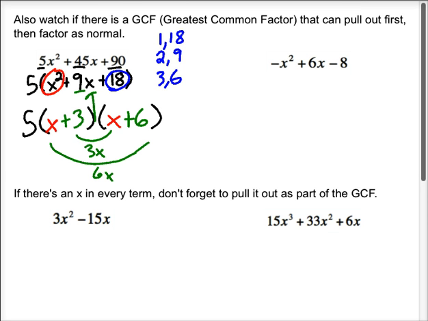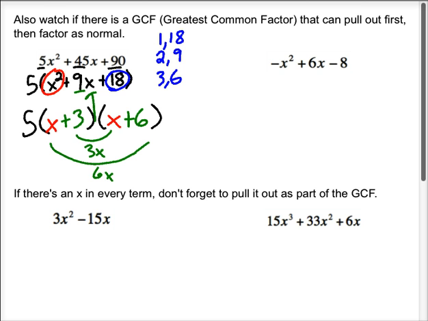Or sorry, not 9x squared, 9x. So that means I'm done. I found it. But the key was you needed to factor out that 5 first. To give a complete factorization, everything needs to be pulled out first if there is a GCF. So in this case, that 5 needs to be pulled out.